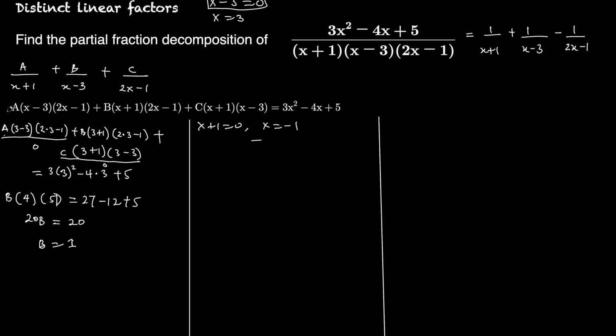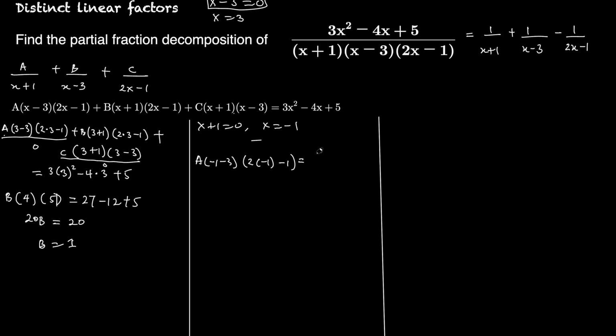So I have a times -1 minus 3, then 2 times -1 minus 1. Obviously, if you do the same here, b goes to 0, and if you do the same here, c goes to 0.